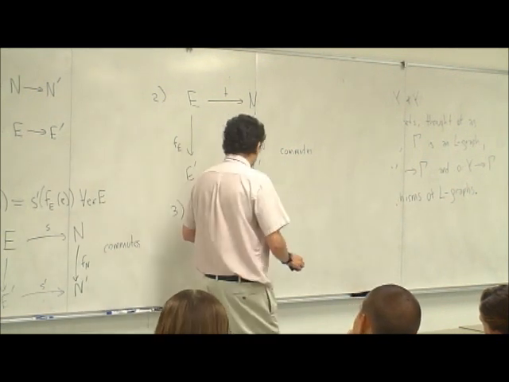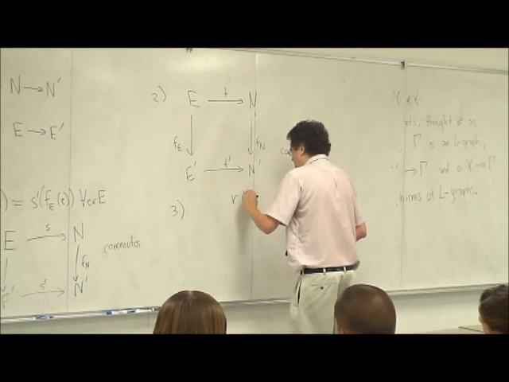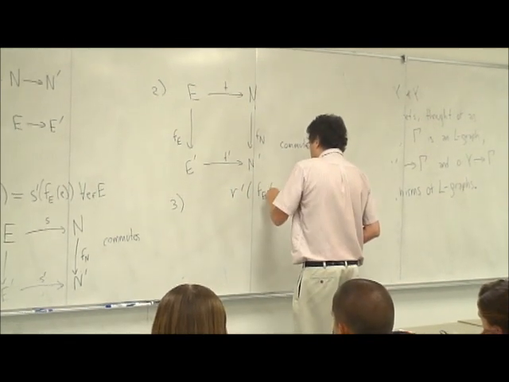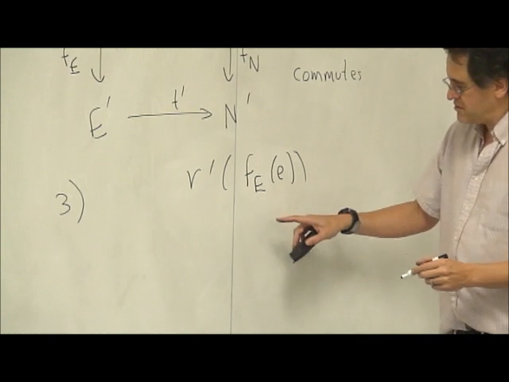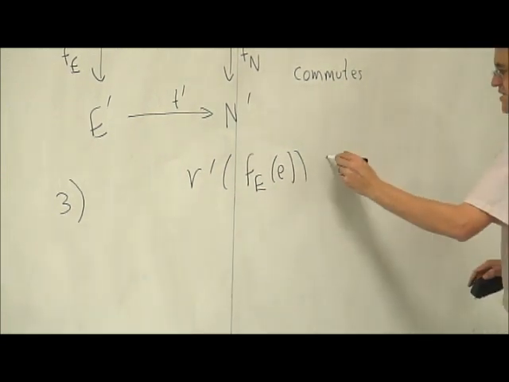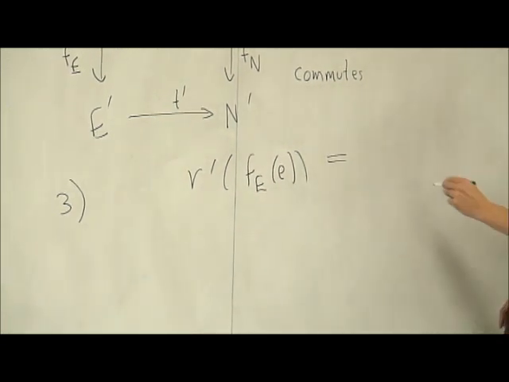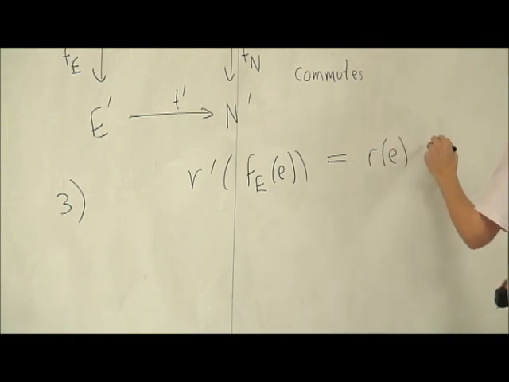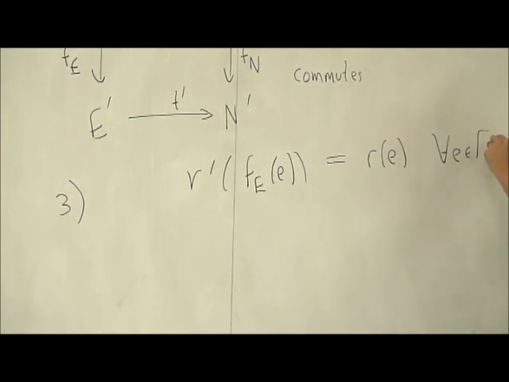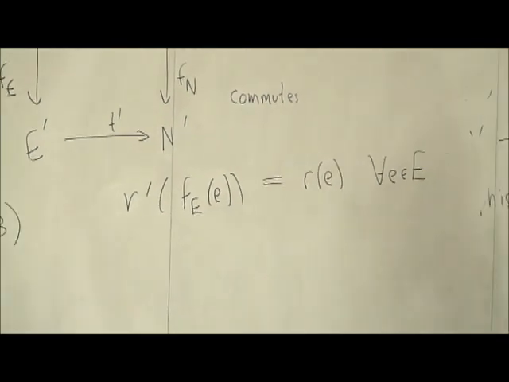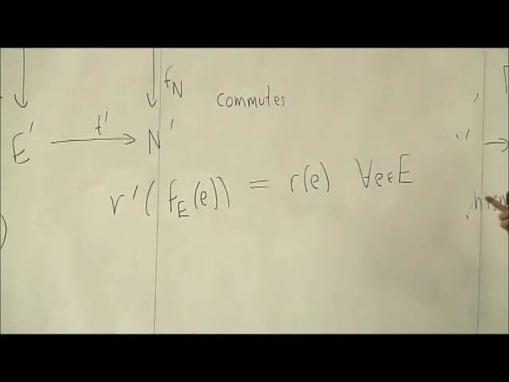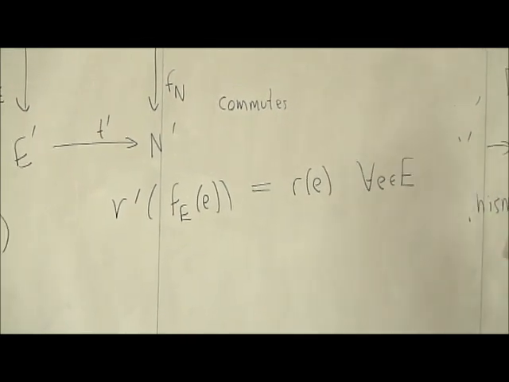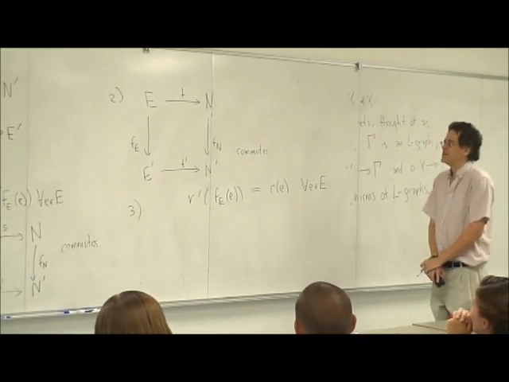R prime of the label of this new edge is equal to what? Just r. r of e, yeah. That's what you're going to say, yeah. So that's why you do the picture, it's so much easier. Right. Okay, good. Maybe this is proof that the picture is easier.